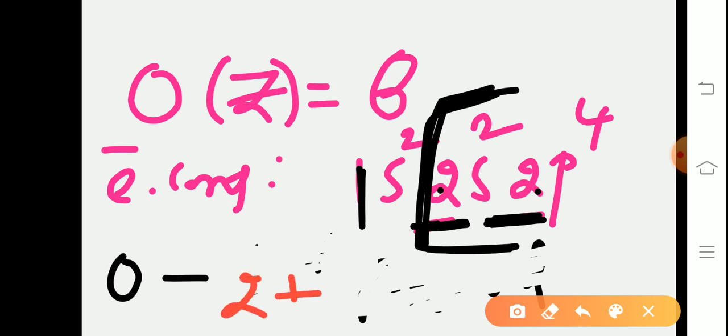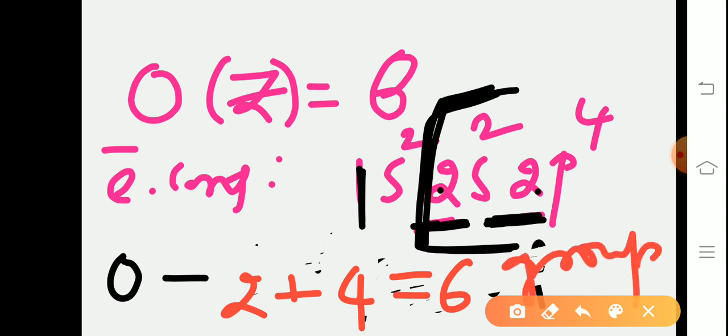Plus in the p subshell how many electrons are there? 4 electrons. Total 6 electrons. That is why oxygen belongs to the 6th group or 16th group. Got it? 2 plus 4, 6, so it is a 16th group element. Okay, this is the way to find the group and period.